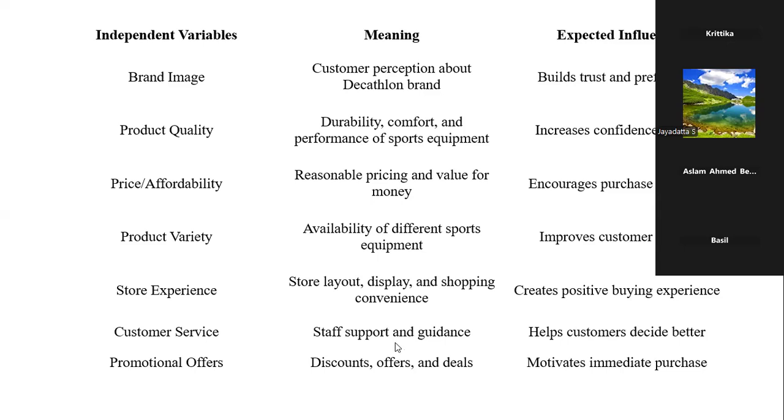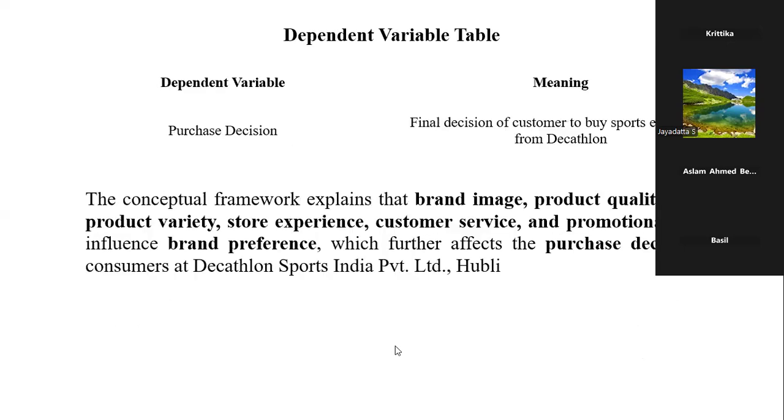All these are independent variables which trigger you to go ahead and buy products or avail certain services at Decathlon. So the dependent variable here is the purchase decision, whether you are able to make a purchase. The final decision of the customer to buy sports equipment from Decathlon will be the purchase decision.